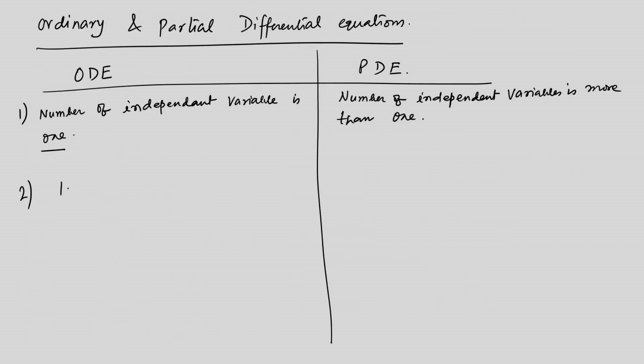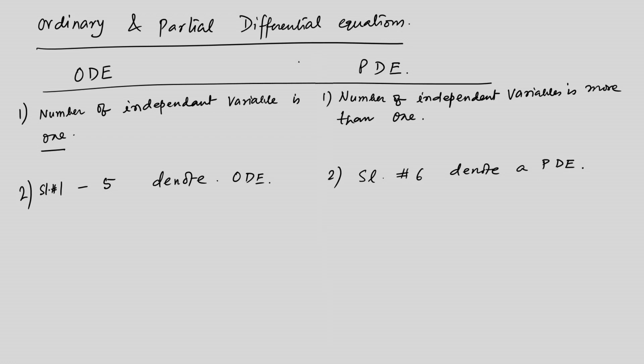So, in the earlier slide, serial numbers 1 to 5 denote ODE, and serial number 6 denotes a PDE. So, this is the difference between ODE and PDE.